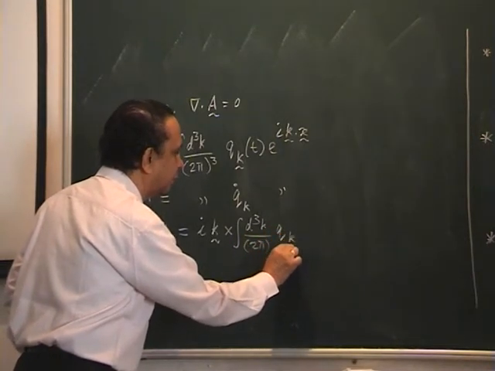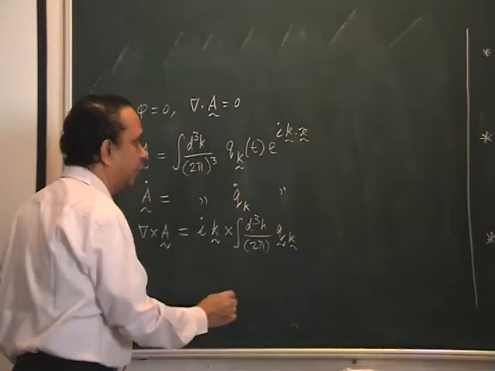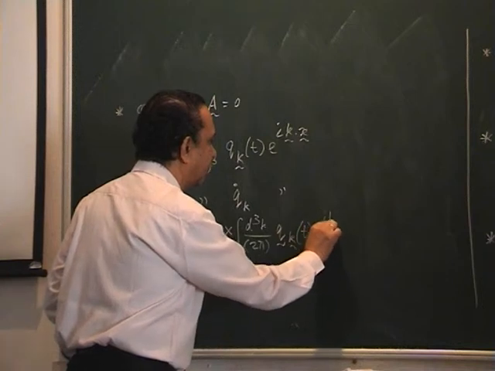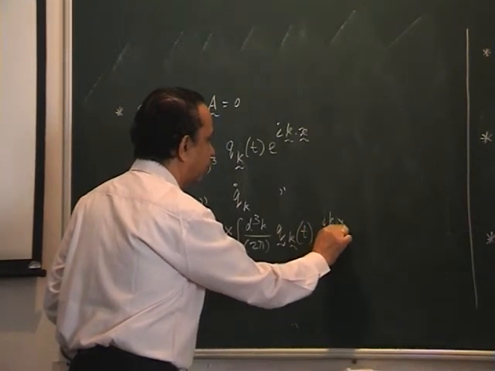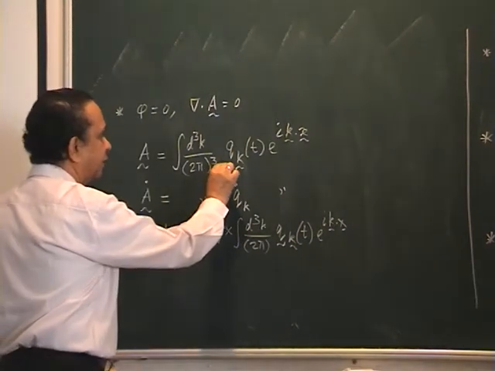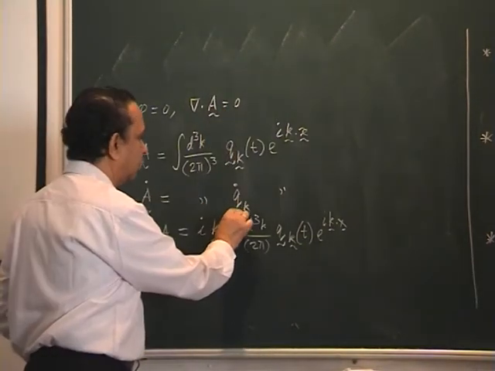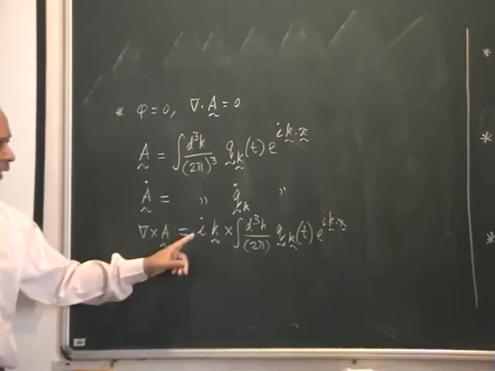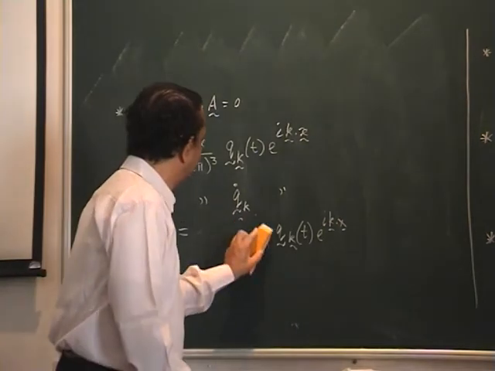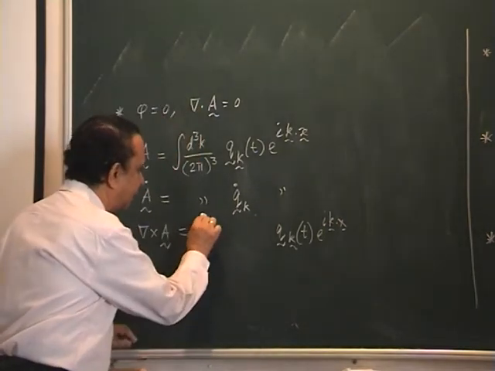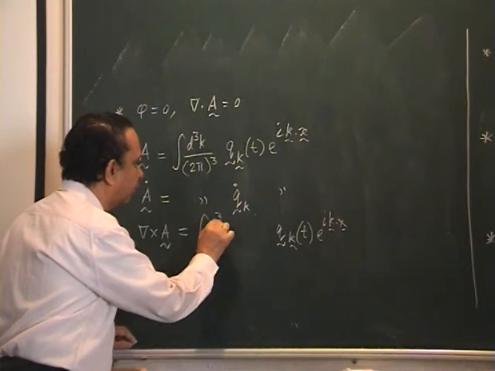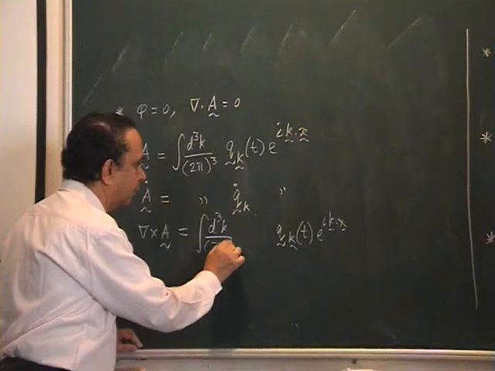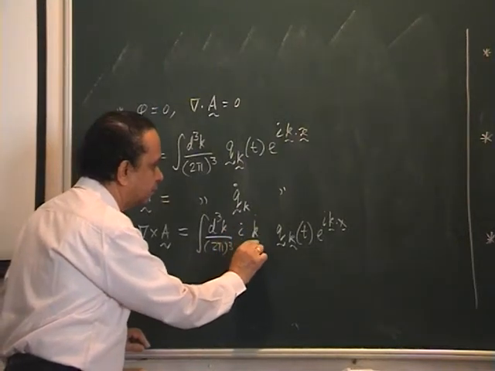I forgot to put the vector symbol. Q is a vector now, of course. A is a vector, so q is also a vector here. And k should be inside the integral d^3k over (2π)^3, i k cross this one.